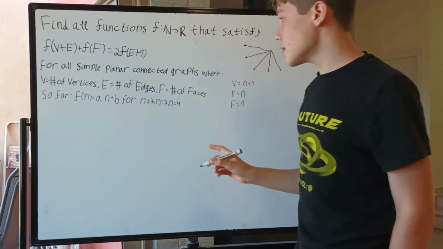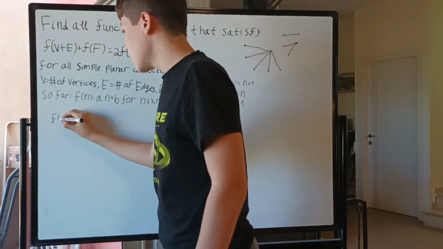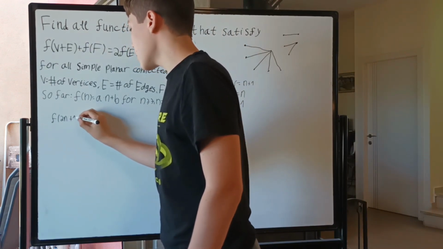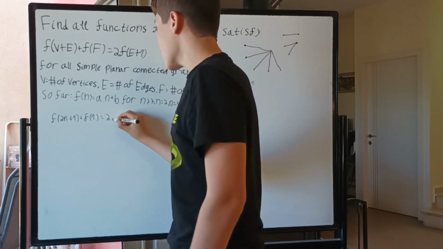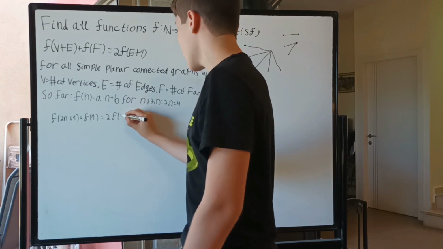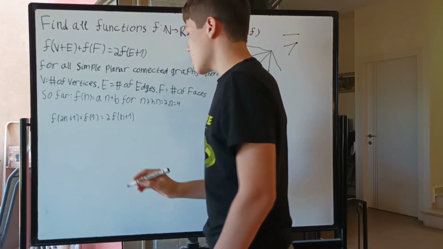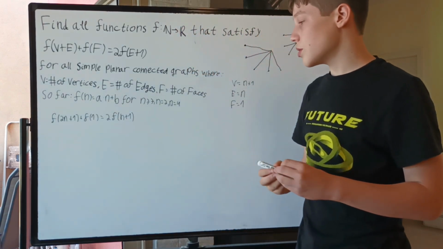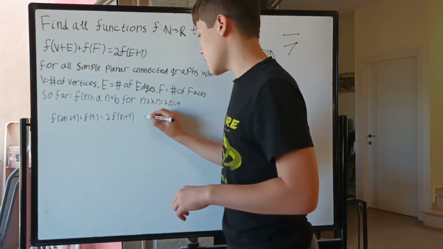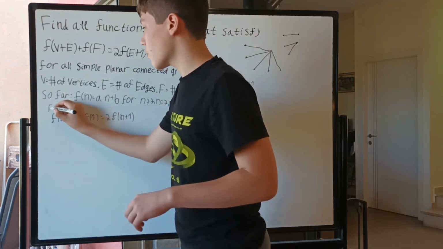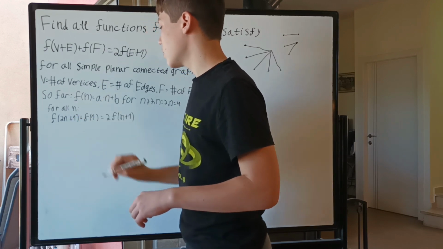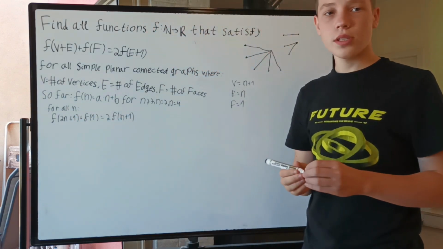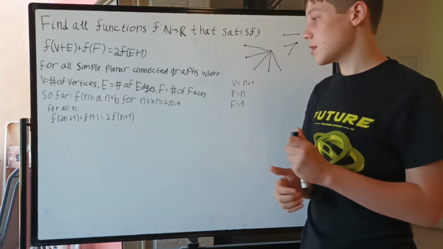And when we plug it into here, we get f of 2n plus 1 plus f of 1 is equal to 2 times f of n plus 1. So this is what we're going to use, and this is just going to be for all n. And this is what we're going to use to take care of 1, 3, 5, and 6.